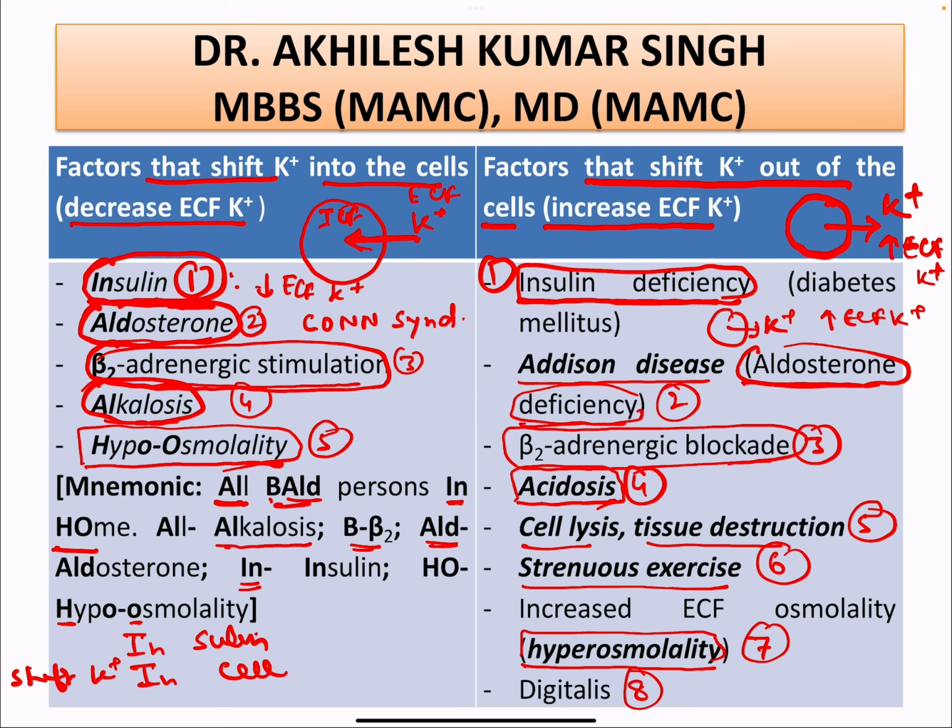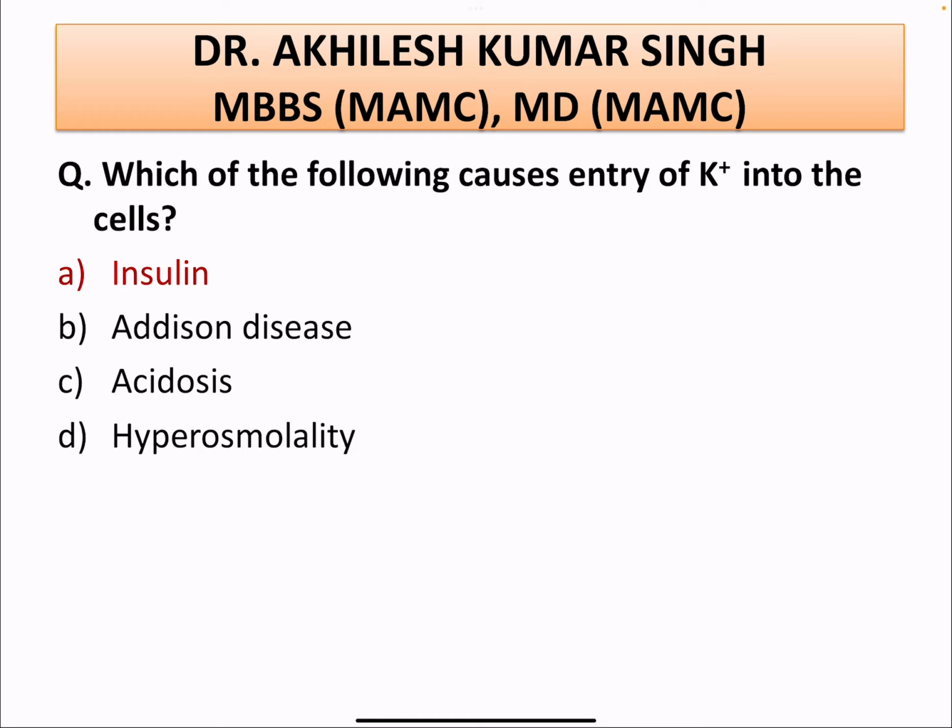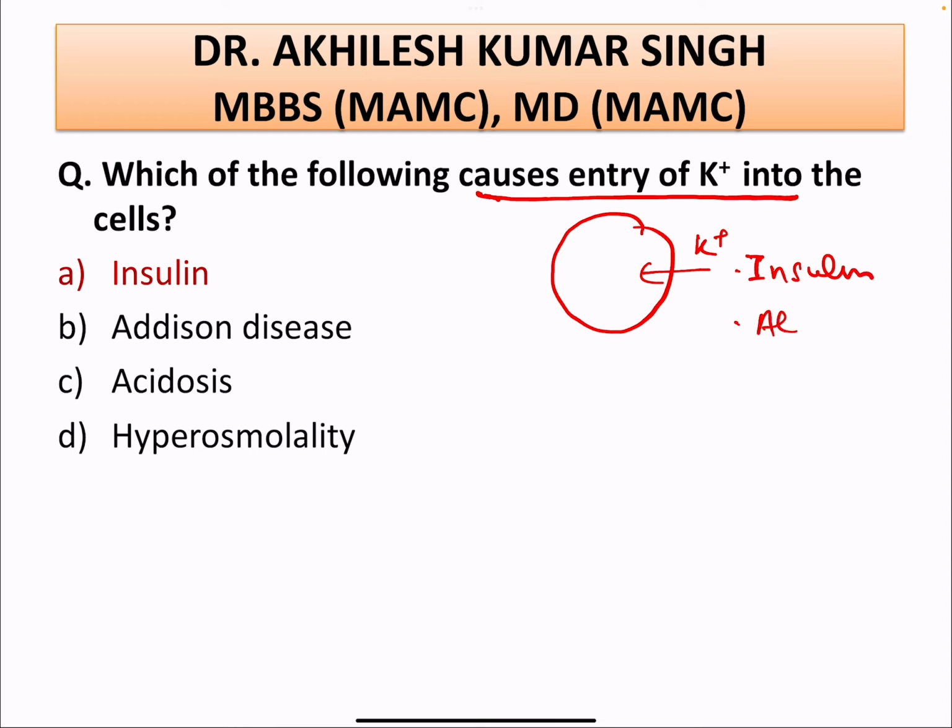So now let us come back to the question here. The question is, which of the following causes entry of potassium into the cell? So entry of potassium into the cell, it will be which one? Insulin. Another is aldosterone. Then which receptor? Beta 2 adrenergic receptor stimulation. Then the alkalosis.